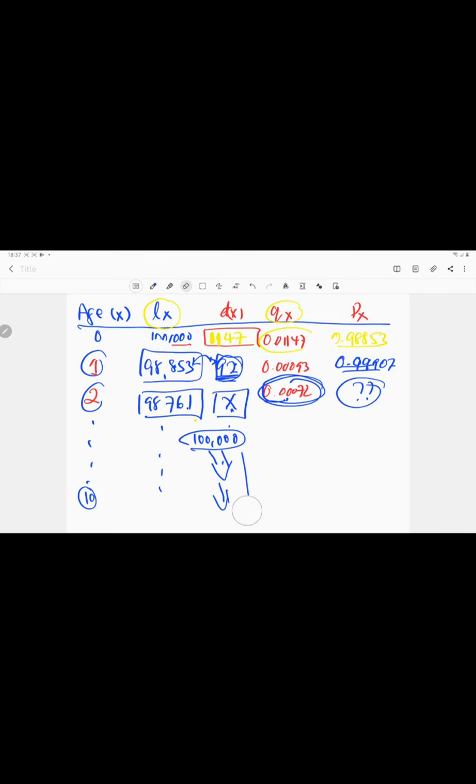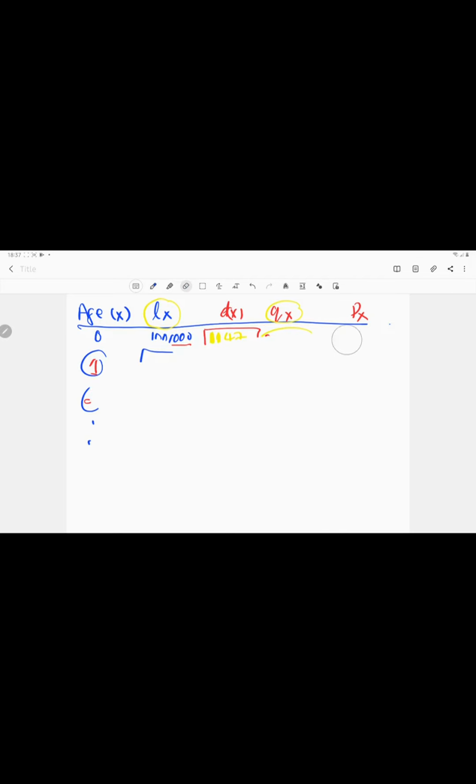So briefly, this is how we can come up with the life table, having very few indicators as indicated in this process. I hope you are able to follow. Having done that, we can have a table where at the age of 30 up to the age of 35, we have different numbers.